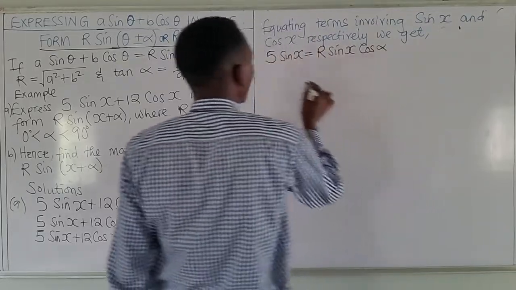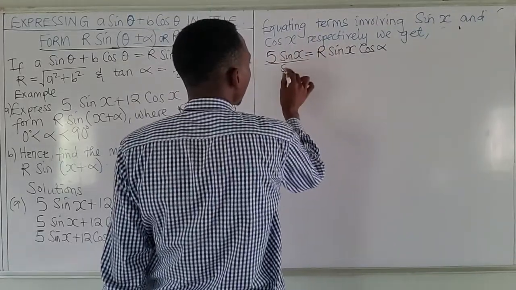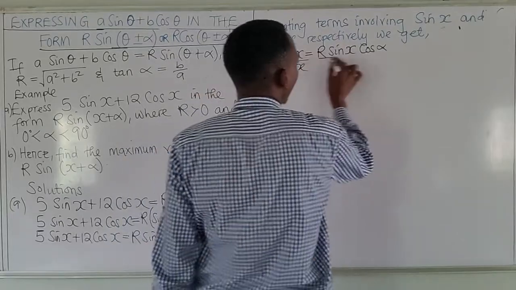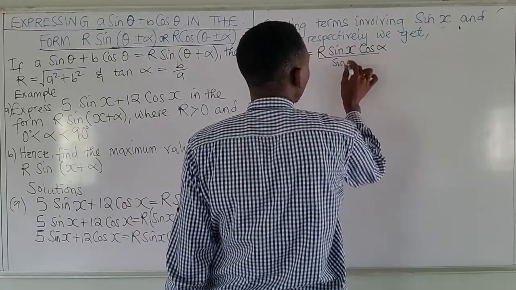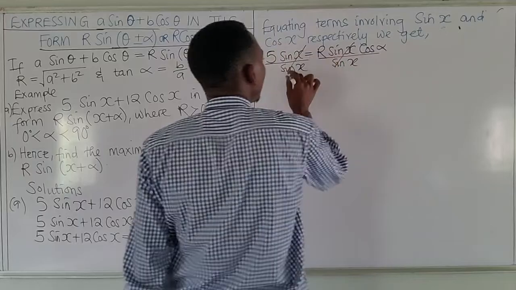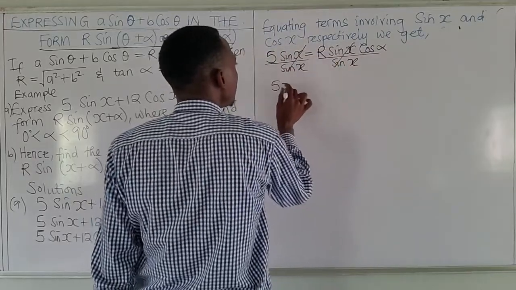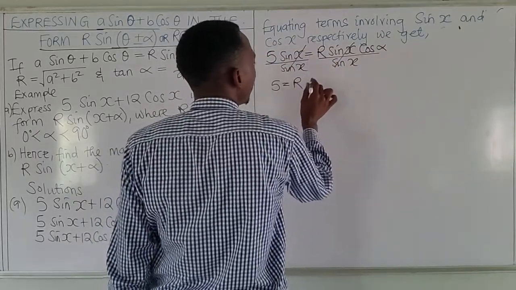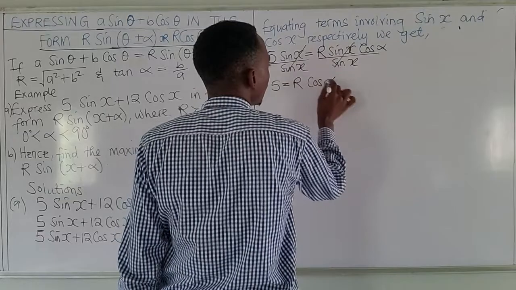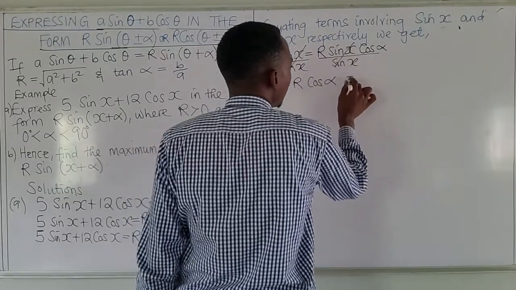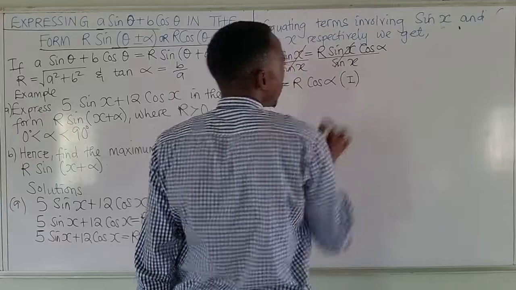When we divide both sides by sine x, we get 5 is equal to r cos alpha. We label this as our equation 1.